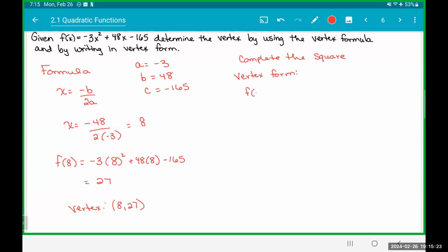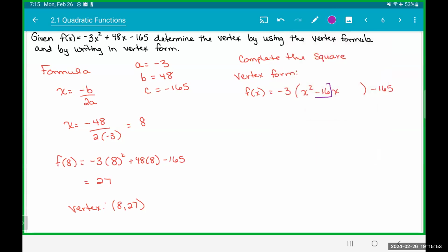We have our function f of x. Remember, the first thing we want to do is factor that negative 3 out. That leaves me with x squared, and 48 divided by negative 3 is negative 16. Skip some space, and we're going to leave this negative 165 out.